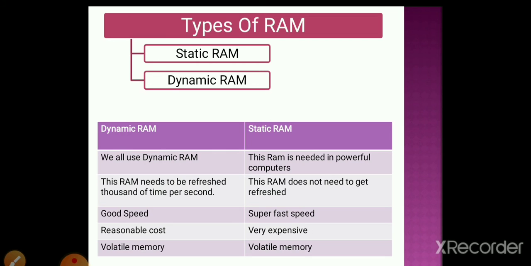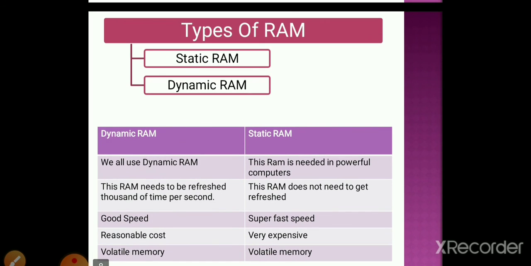Dynamic RAM needs to be refreshed thousands of times per second, and the static RAM does not need to be refreshed. Without refresh it will work. Dynamic RAM speed is good and static RAM speed is super fast.